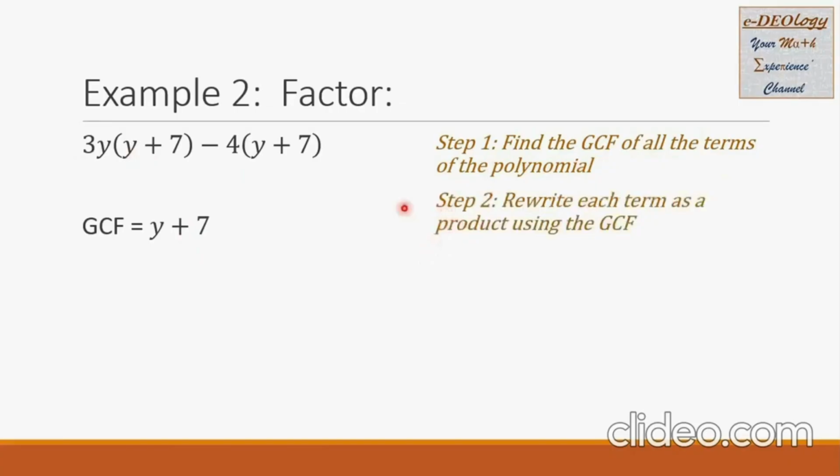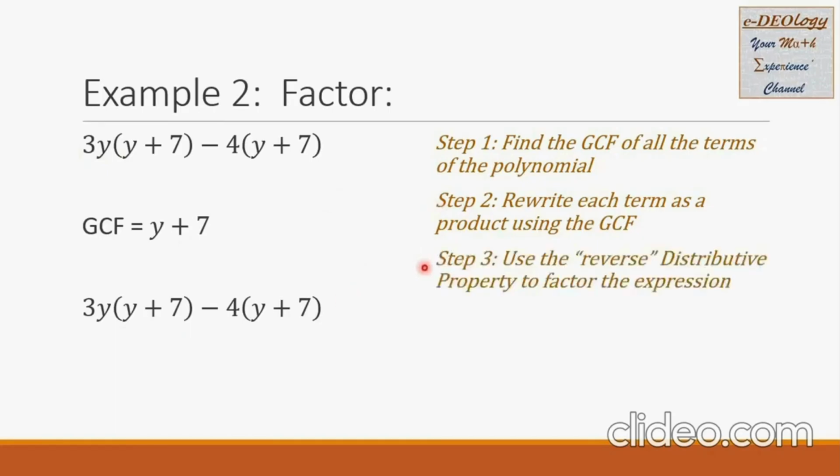Step 2, rewrite each term as a product using the GCF. In this problem, it is already in the form of a product in such a way that one of the factors is the GCF. So we just copy that same problem.